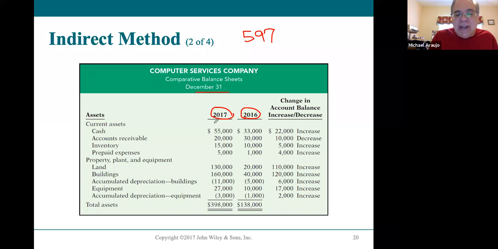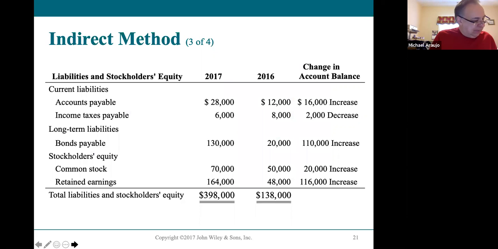So here are the comparative balance sheets for the most recent two-year period for this company. Notice that the numbers in each column are specific to the assets in that year. On the far right side, the changes are noted because those changes are very important in the cash flow statement. This is also on page 597.